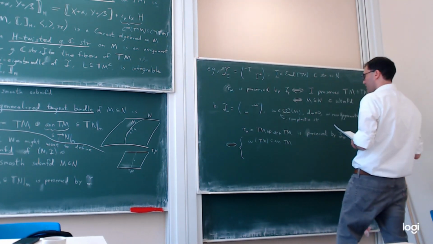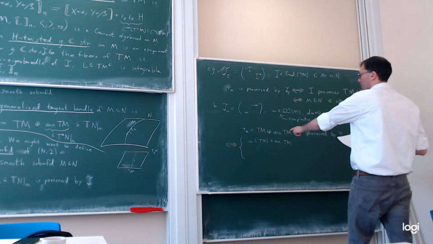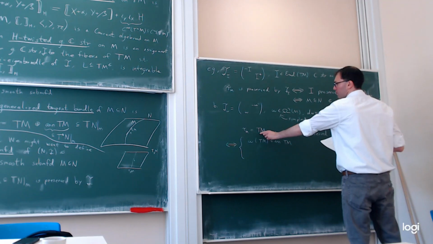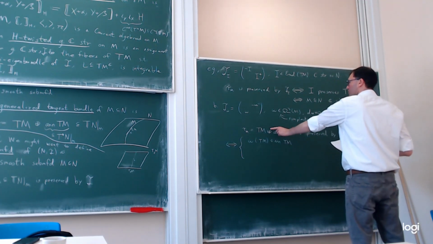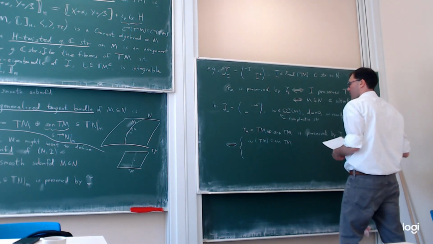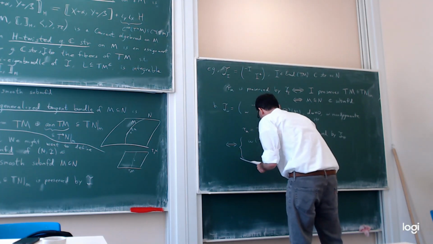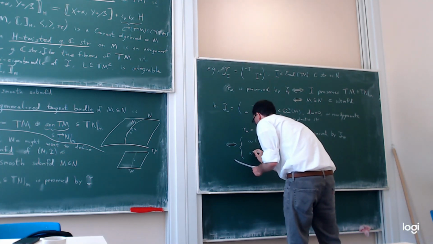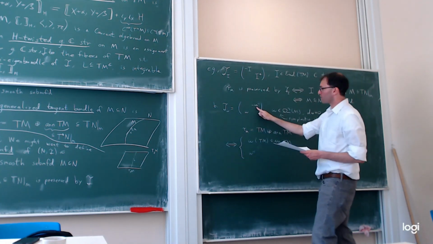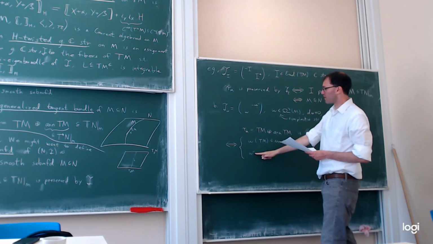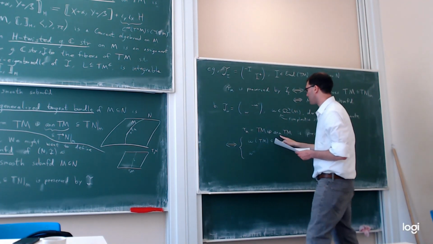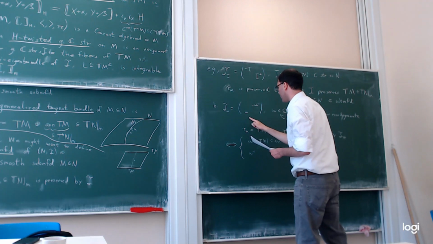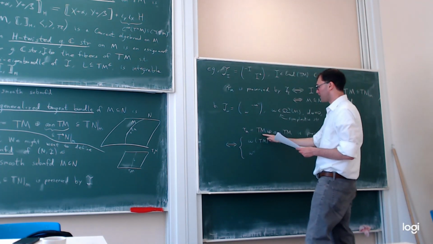Let me see. Because we're sending Tm, so we're sending this factor into this factor, and then in the other direction, we need the inverse map to map the annihilator entirely into the tangent bundle.